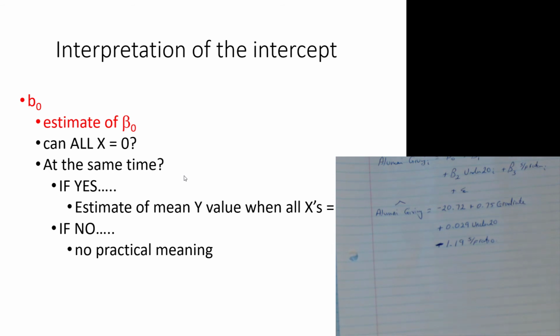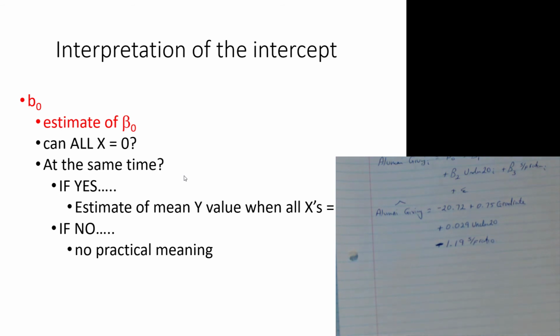So in and of itself, the number minus 20.72 has no practical meaning in this case. Statisticians might go, interesting, there's the number, let's test to see if it's significantly different than 0, and go on and on. But the number has no practical meaning. We really don't care. Let's move on to things that are important.